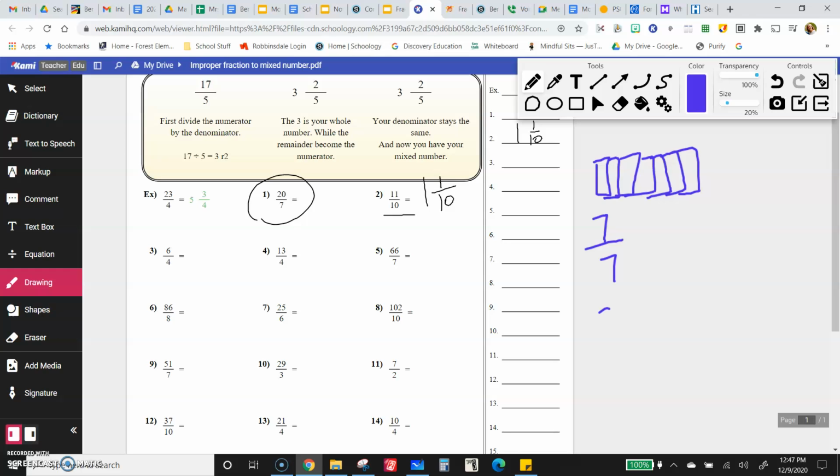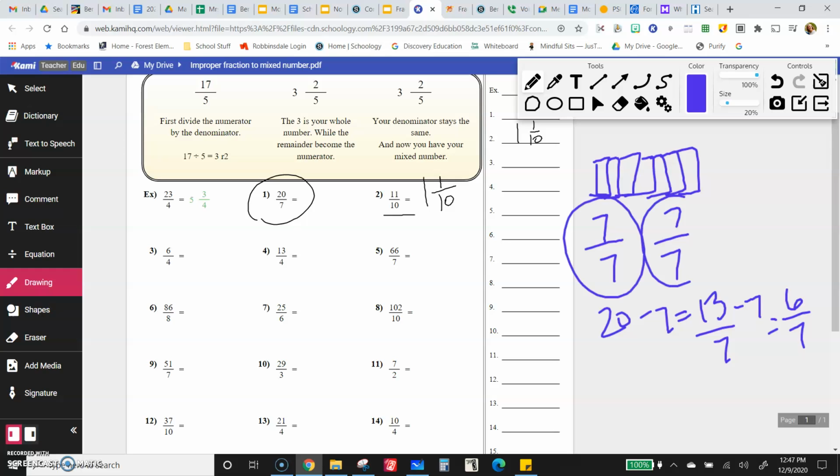Now I still have, if I do 20 minus 7, I still have 13 7ths left. So I could do another 7 7ths to get me another whole. So if I take away 7, now I have 6 7ths left over. So that's less than one whole. I can't take out another whole. So I have one whole, 2 wholes, plus another 6 7ths. So I have 2 and 6 7ths there. I can get 2 wholes out, if you will.